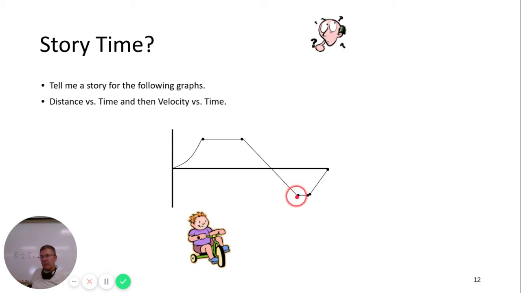Here, your constant velocity. And then this area here, you're slowing down to a stop. But this whole entire time, you're going backwards. So if you looked at this area and this area, is he more forward? Let's say north is forward and south is backwards. Since this area is larger than this area, he ends up in a net north location.